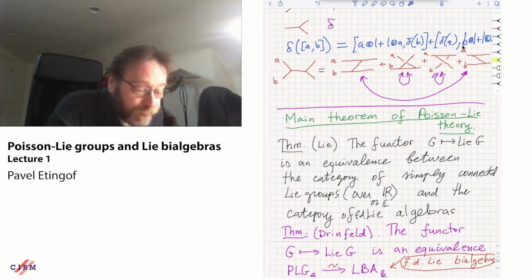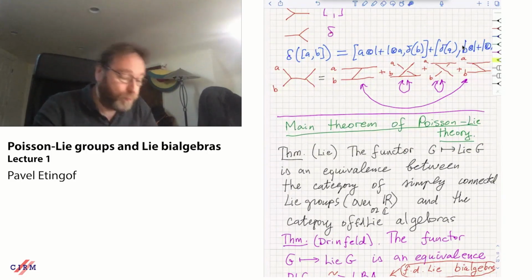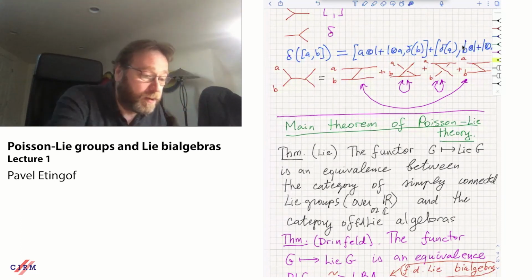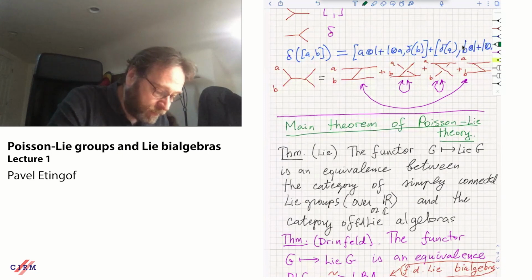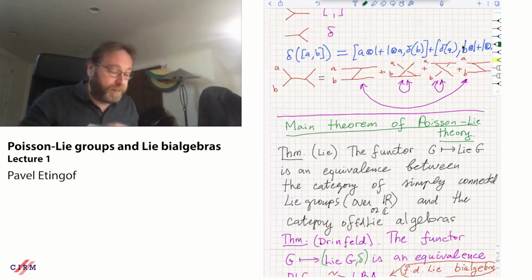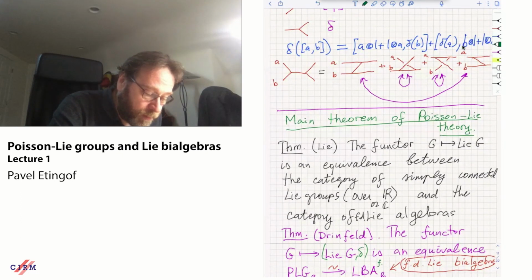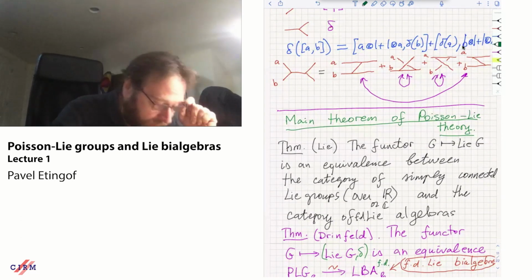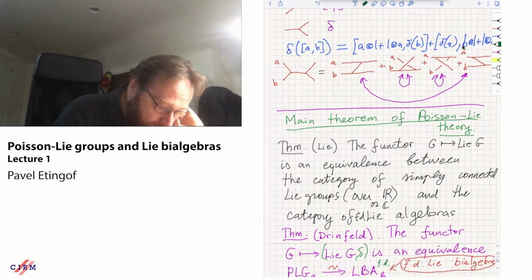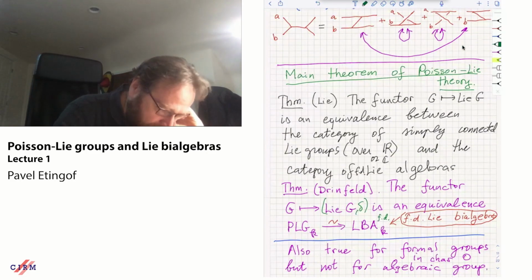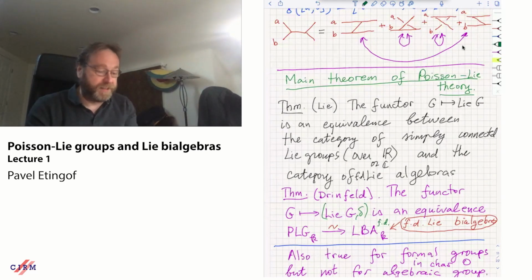And so Drinfeld proved an analog of this theorem for Poisson-Lie groups, which says that the assignment from G to Lie G with the cobracket delta that we described is an equivalence of categories between Poisson-Lie groups over K and finite dimensional Lie bialgebras over K. Again, it's also true for formal groups in characteristic 0, but it's not true for algebraic groups.